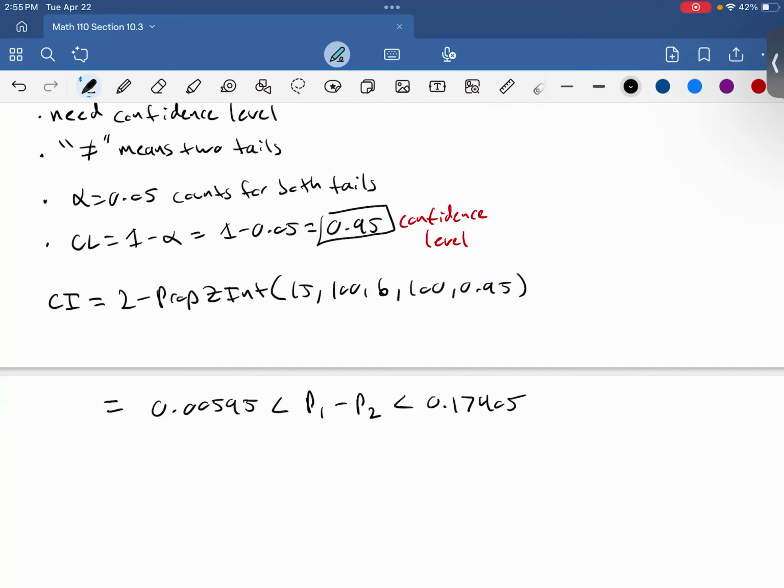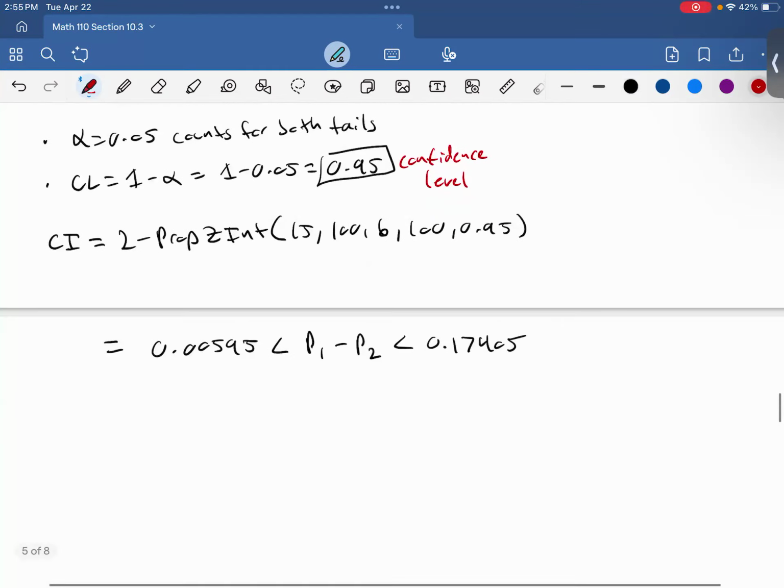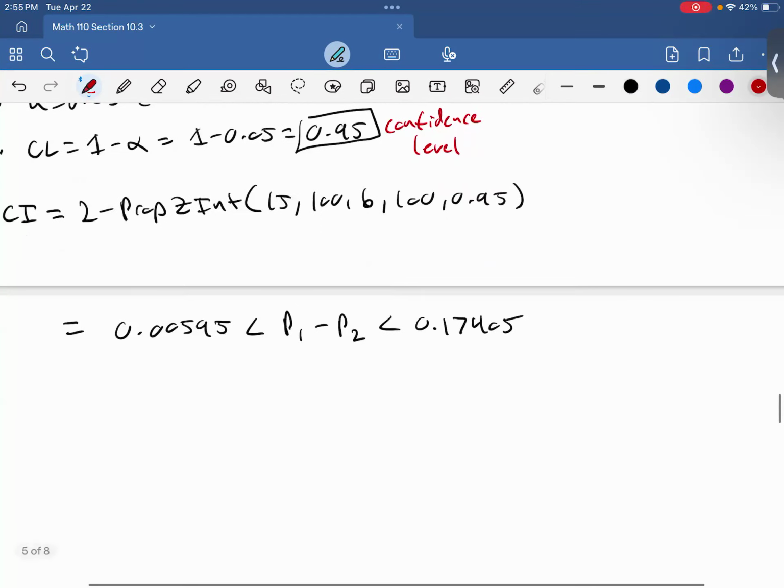Now we need to determine if there is a difference, or if they're the same. Let's look at the tail ends of our confidence interval. They're both positive numbers, so positive and positive. I'll say positive interval.